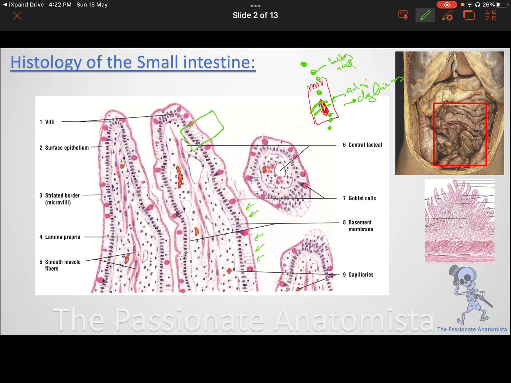Once the chylomicrons are formed, here you have your blood vessel, and here you have your lacteal down here. The chylomicrons are going to come to the lacteal to get absorbed in the lymph.